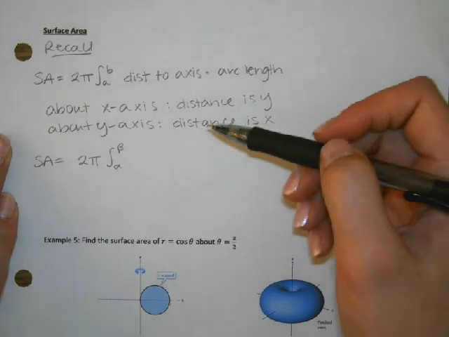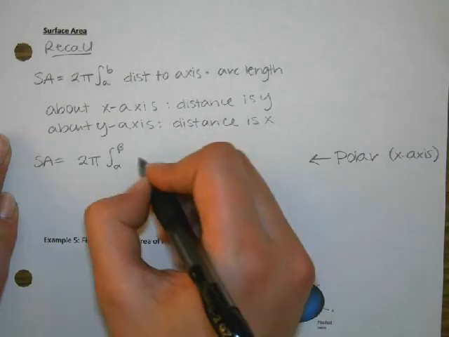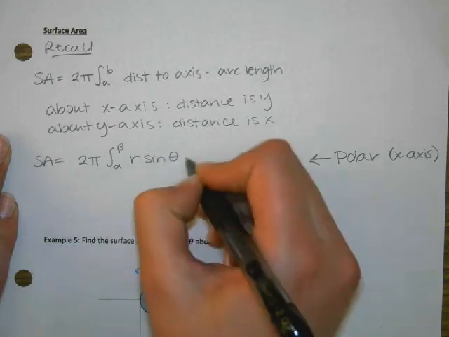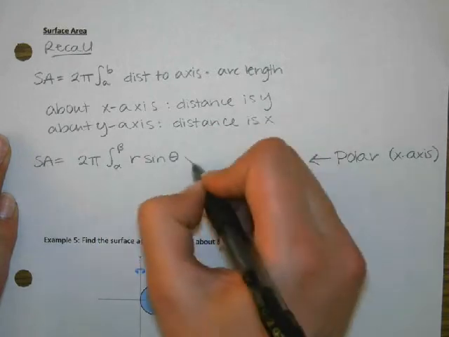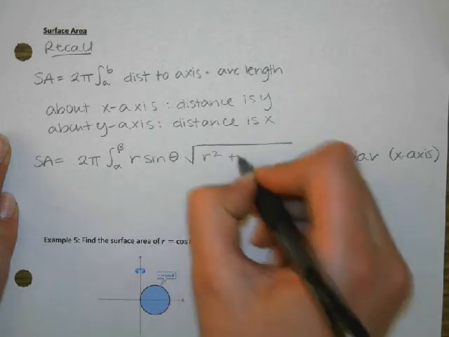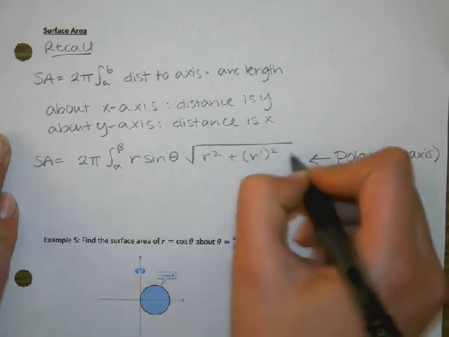Then the distance is going to be y, and y in this context is r sine theta, times the arc length, which is the square root of r squared plus r prime squared d theta.